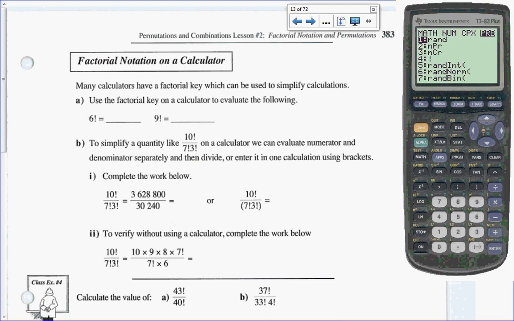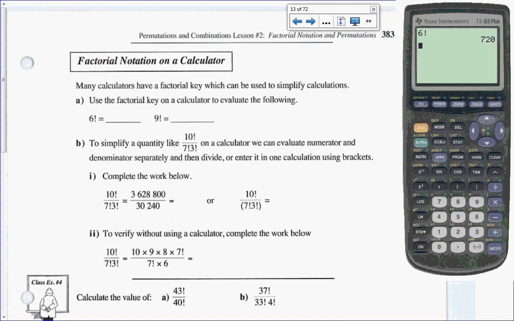You see number 4 shows the factorial sign, so you hit number 4. To do 6 factorial, you would hit 6, then math, across to probability, number 4 for factorial, and hit enter.